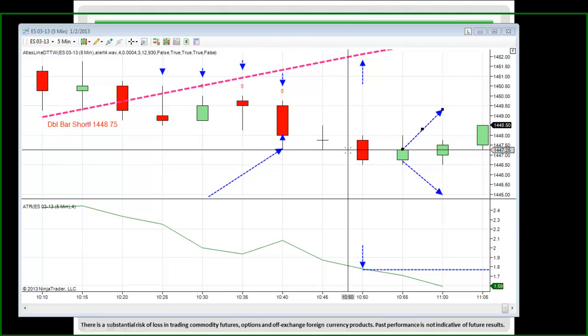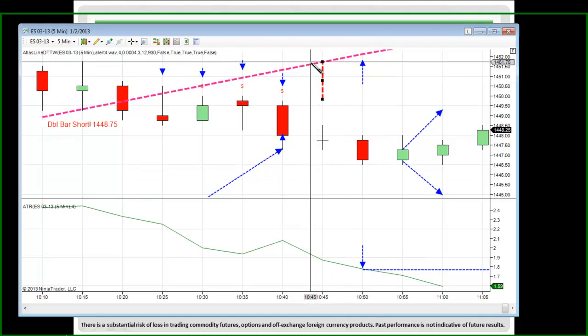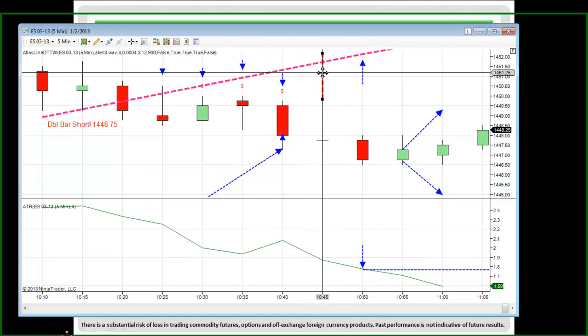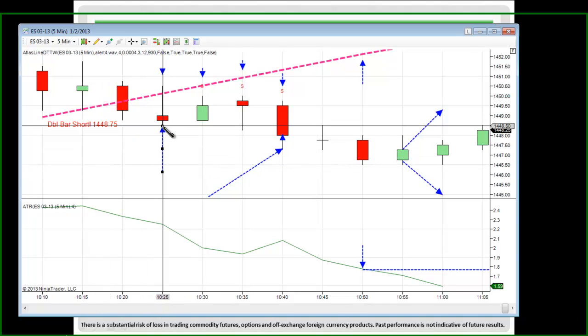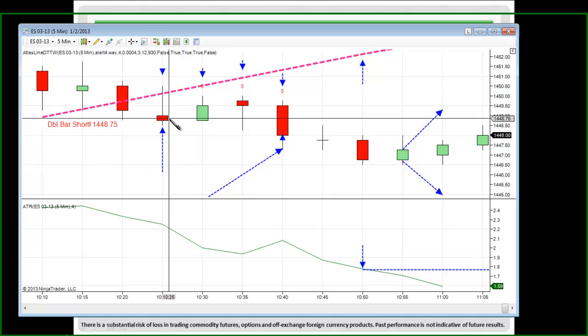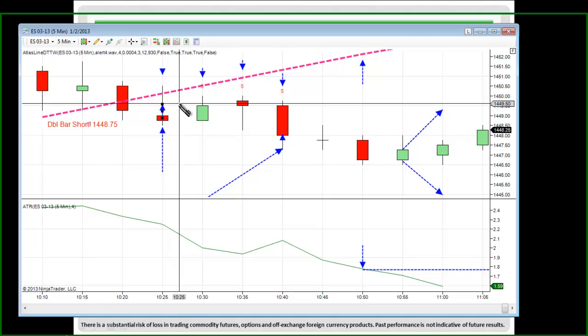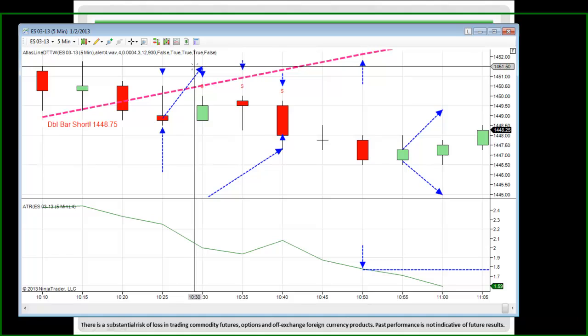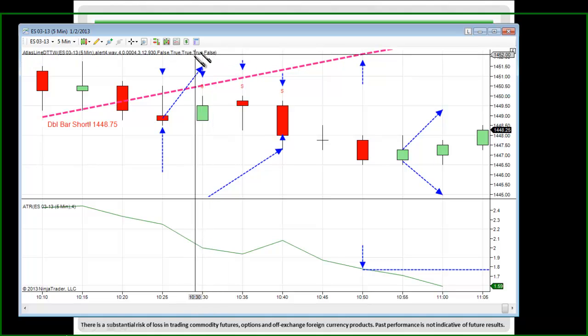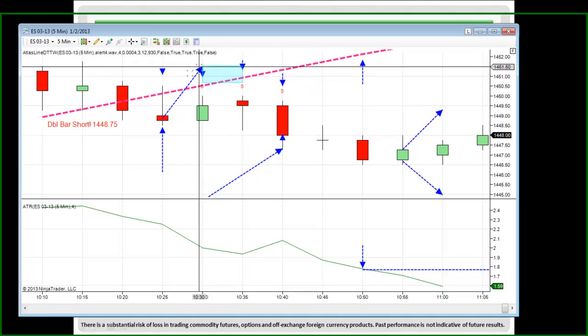The prove-it stop is based on some type of proof. Let's say you enter short right over here, 1448.75, and the market right away goes against you. It goes up and up and up, and it closes on the opposite side of the Atlas line.